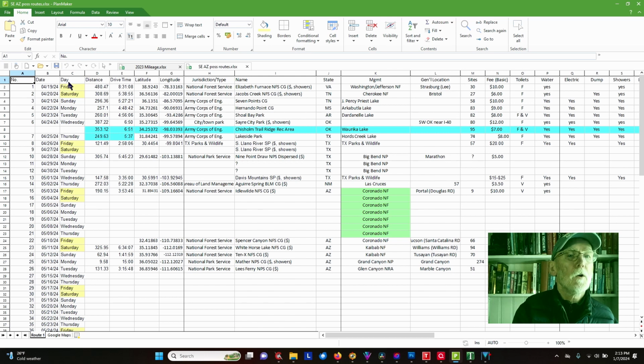And then the next is the day of the week that those dates fall on, which is fairly important because you can see that I've got Friday and Saturday highlighted in yellow.